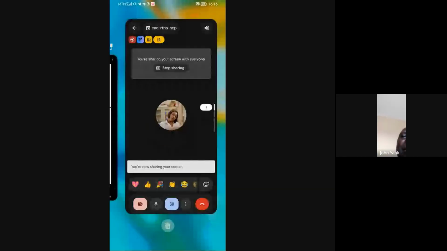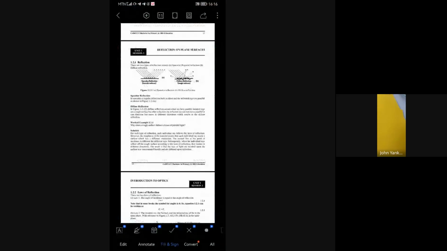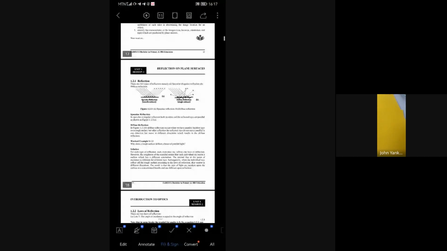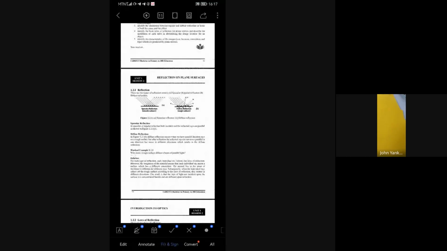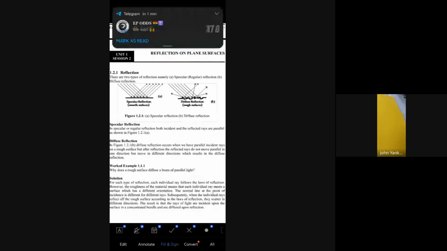The light from the torchlight which hit the mirror is called the incident light or incident ray. The light that comes from the mirror after reflection is called the reflected light or reflected ray.